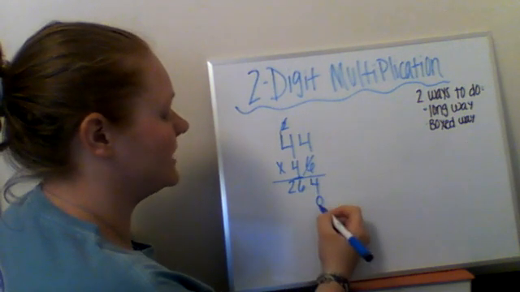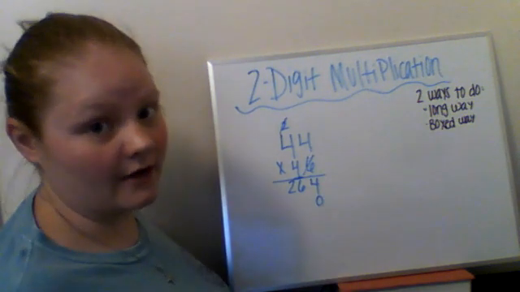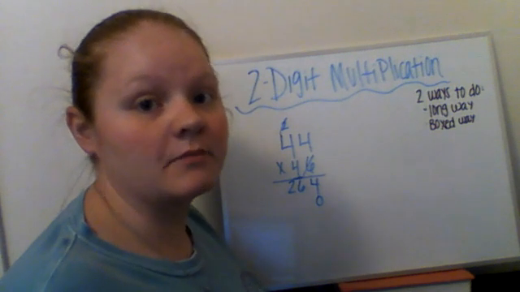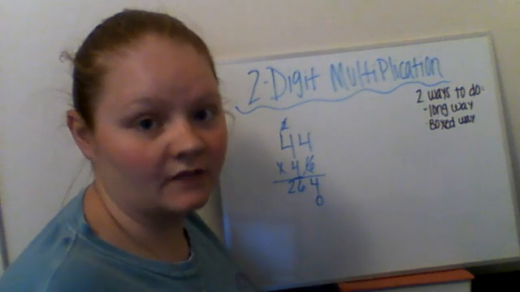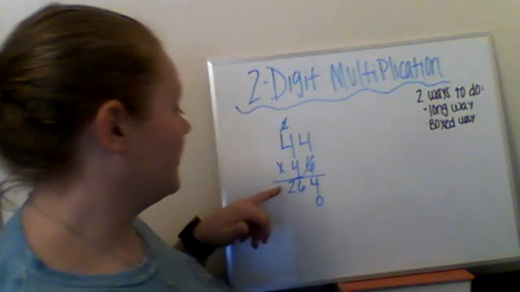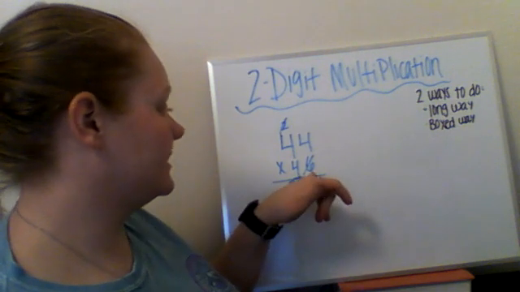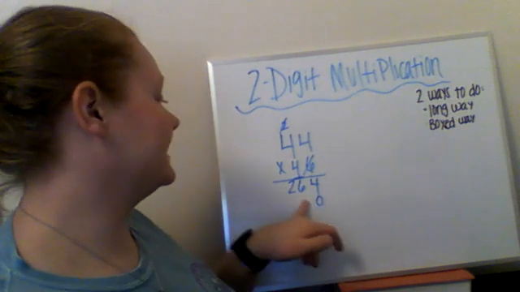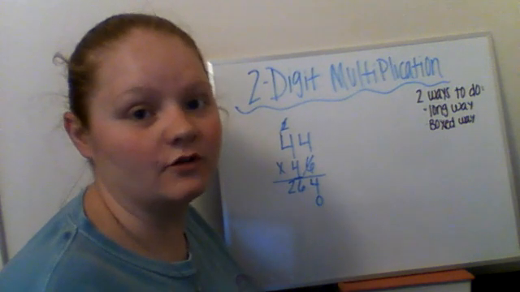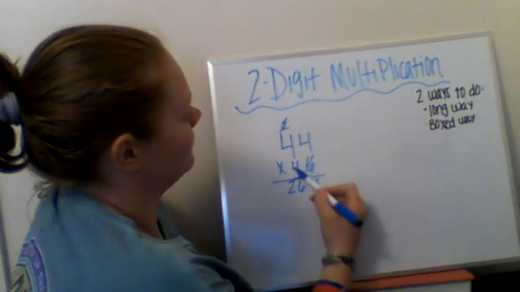Again, if you miss that 0 in this step, you will get the problem wrong. Remember, the first number was when I was multiplying in the ones place. Now I'm going to multiply in the tens place, so I need that 0 holding that ones place value down. Now we're going to look at 44 times 40.